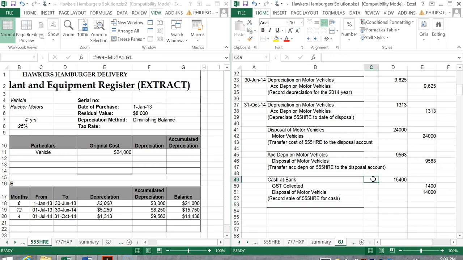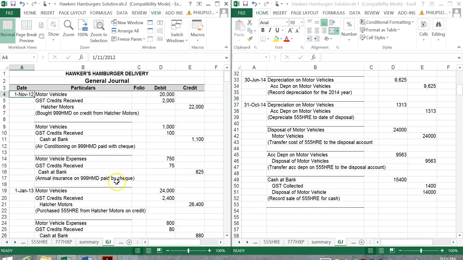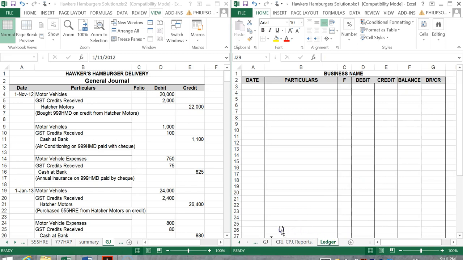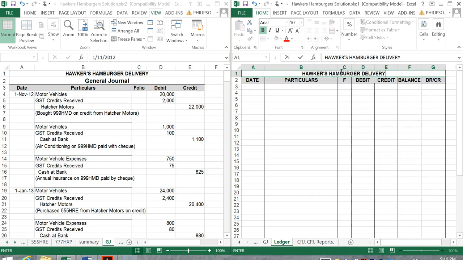Okie dokie. Well, it's at this point here that we'll want to start posting to the ledger. So I'm going to get my journals over there, get my ledger off to the right. It's really in the wrong order. I'm going to drag my ledger over there. Okay, so business name at the top of our ledger, Hamburger delivery.